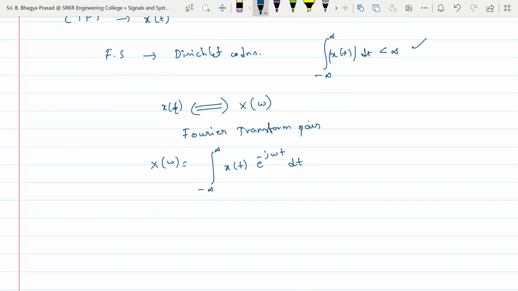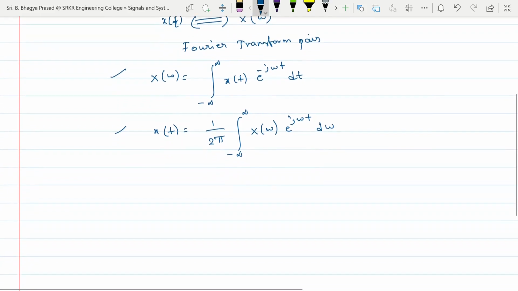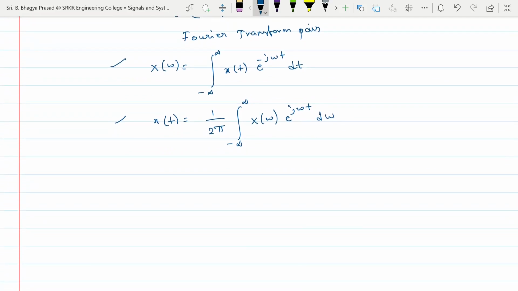And the inverse Fourier transform, from X of omega you can find x of t, as 1 by 2 pi multiplied with the integral from minus infinity to infinity of X of omega e power j omega t d omega. These are the important expressions to find the Fourier transform and the inverse Fourier transform. Let us start with the basic problems.